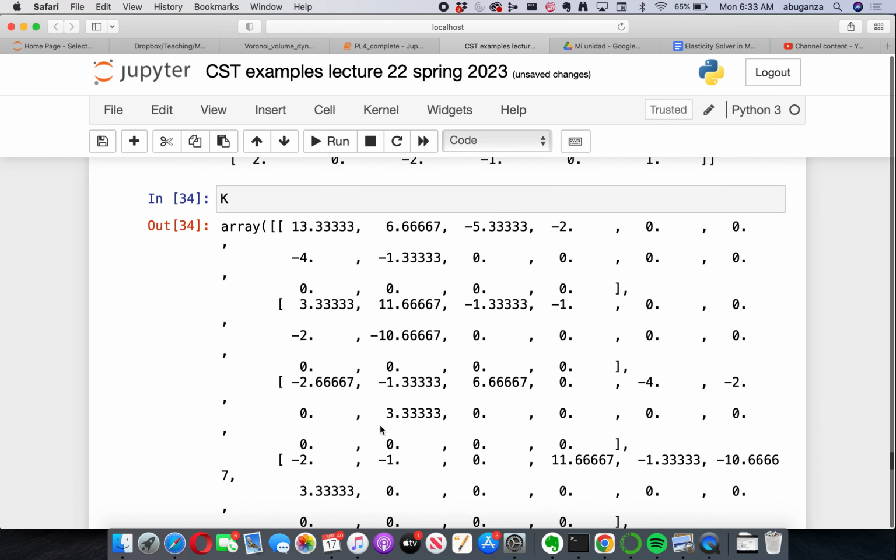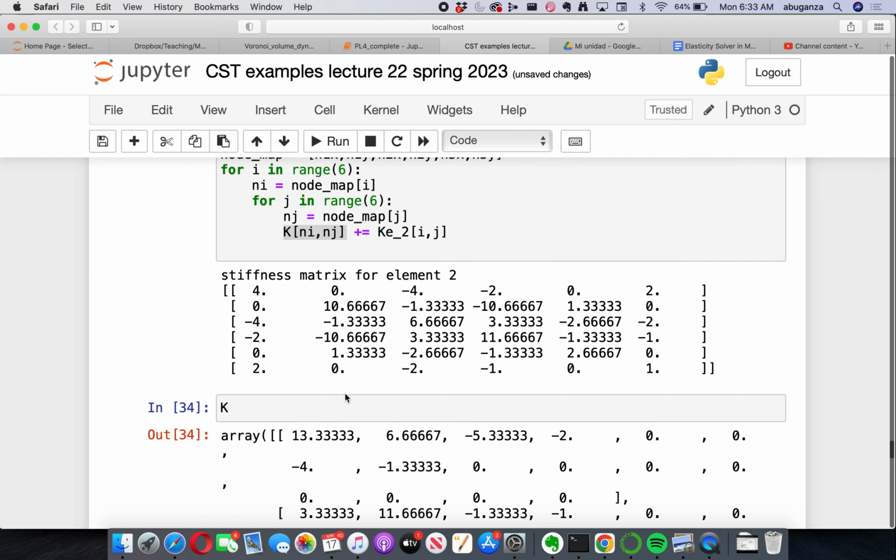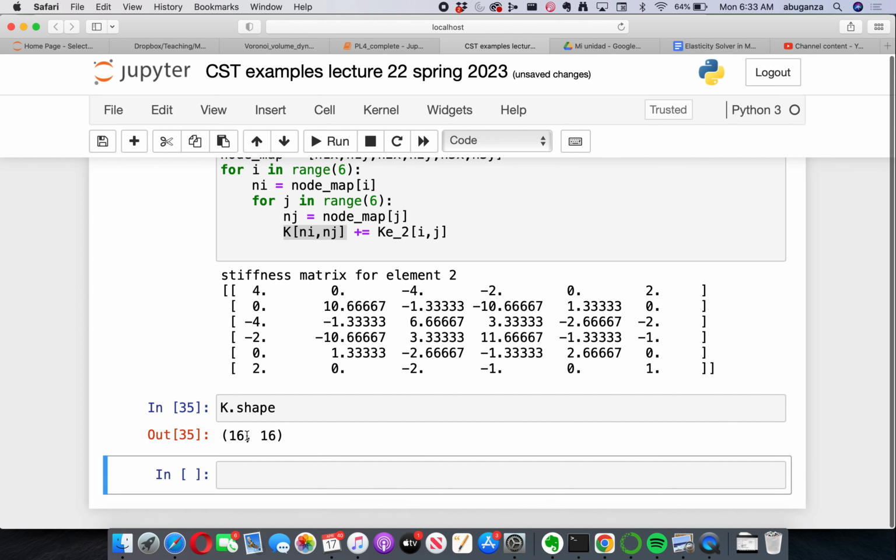This is the global stiffness matrix. It's a big matrix. It should be 2 times the number of nodes by 2 times the number of nodes, so 16 by 16, because... why is it 16? Was the number of nodes... Oh, this is too big, I feel. There's only 4 nodes, no?